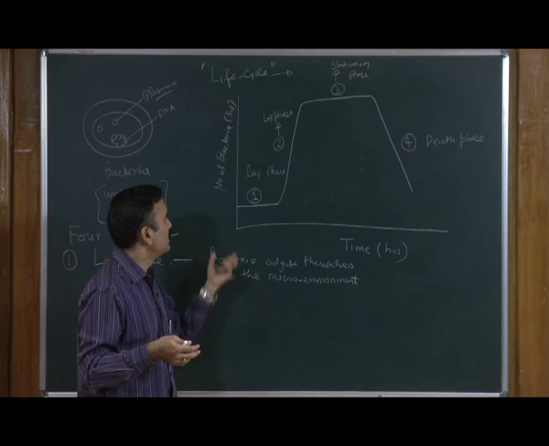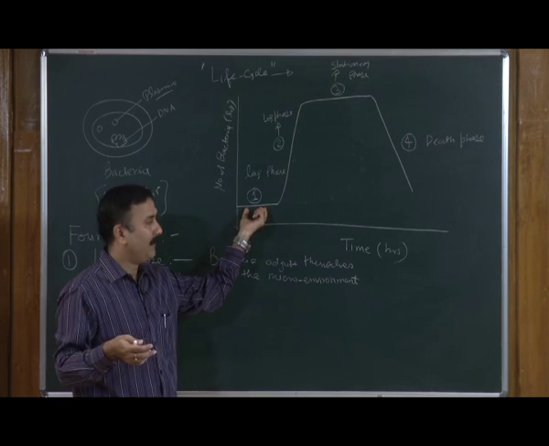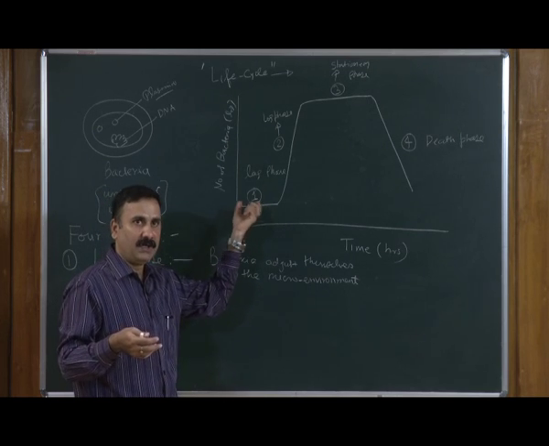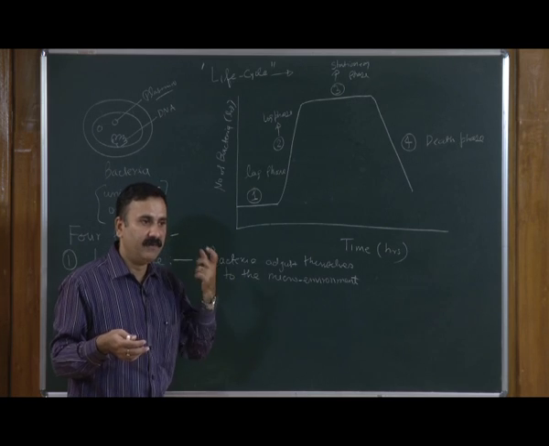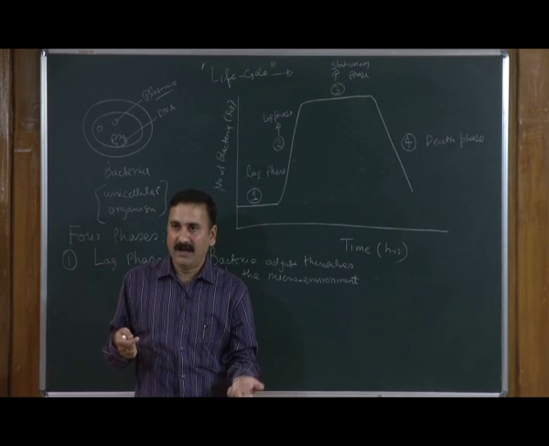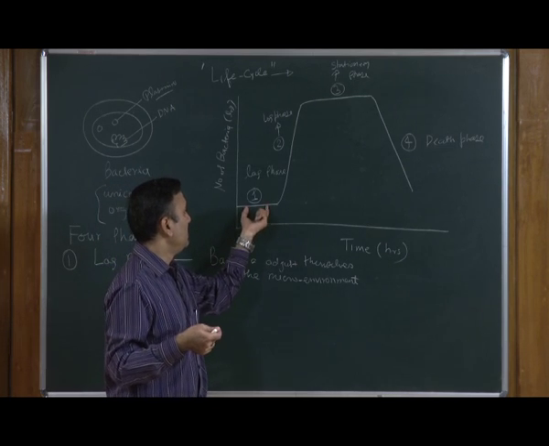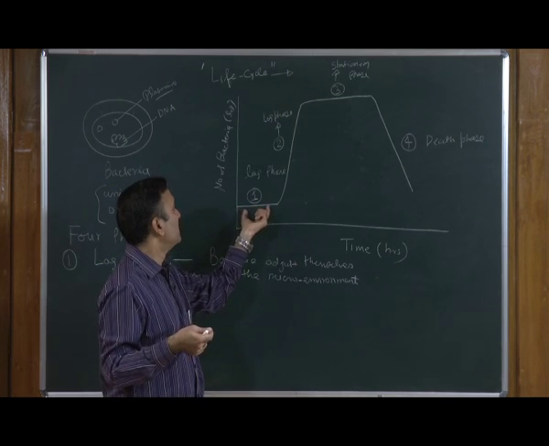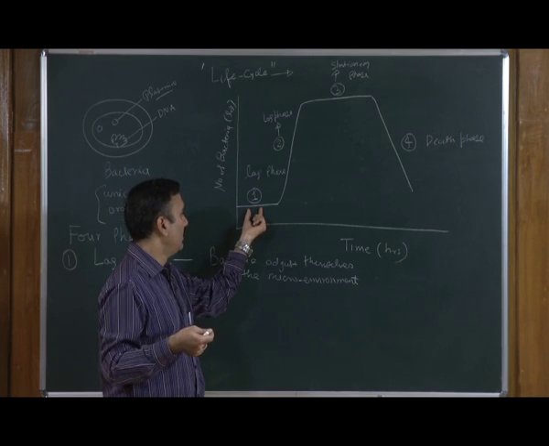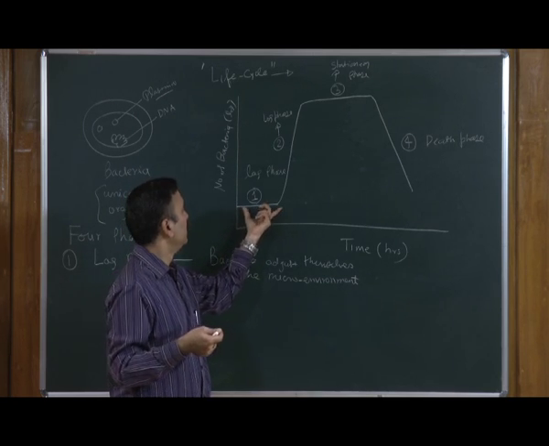So, the bacteria going into that particular microenvironment or media has to adjust, and this adjustment happens every time, because whether it is good or bad conditions, the bacteria has to adjust. If it is a favorable growth condition, this phase may be smaller, and if the conditions are worse, this phase could be longer.